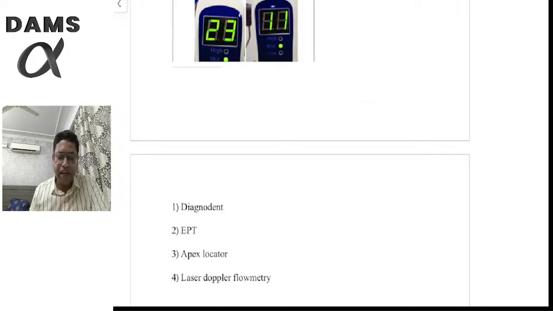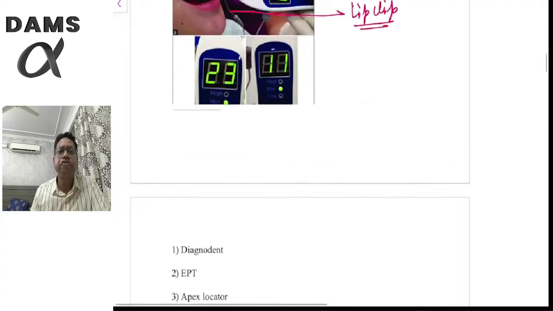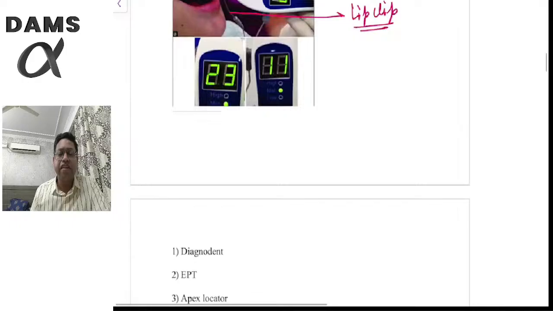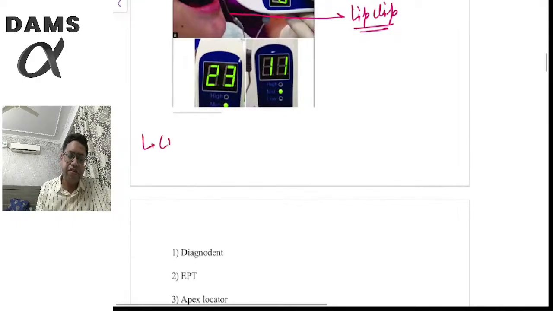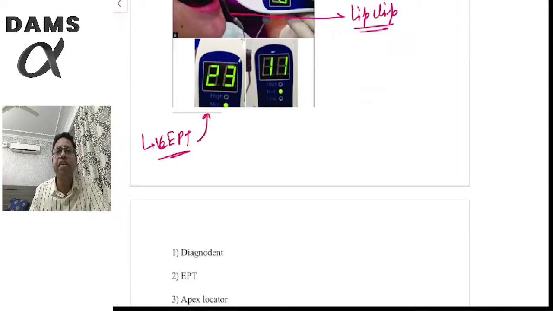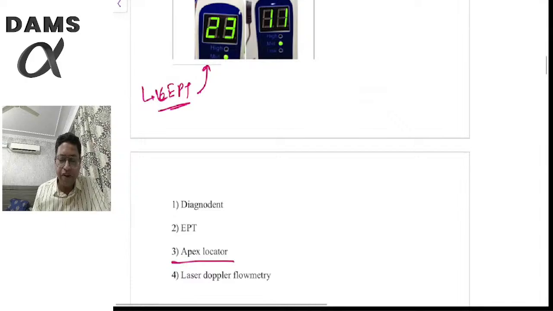Diagnodent, electric pulp tester, apex locator, or laser Doppler flowmetry? I think without any confusion, you can answer this, that this is an electric pulp tester. The device that is being used is an electric pulp tester. So please do not get confused. If at all someone is confused with the lip clip over there, it is not an apex locator.